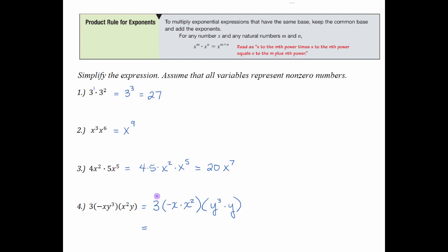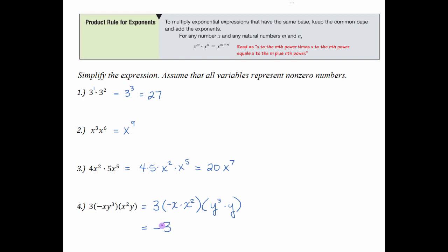So first off, let's take care of signs. I have a positive times a negative, which is going to be negative overall. 3 is the only constant that I have multiplying, so we're going to have a negative 3. Now we have an x times x squared.